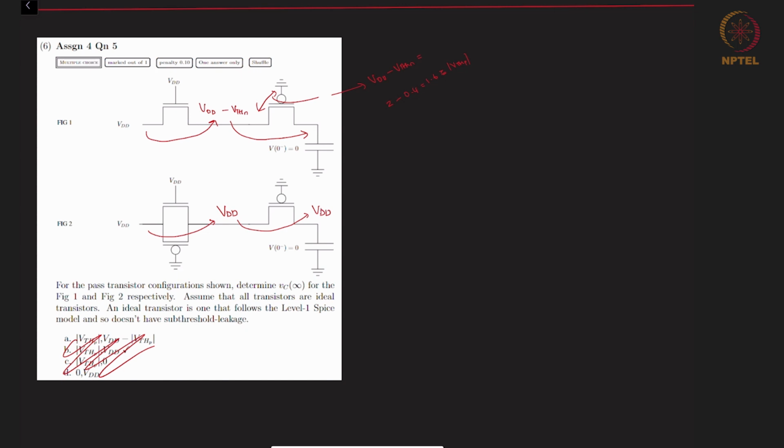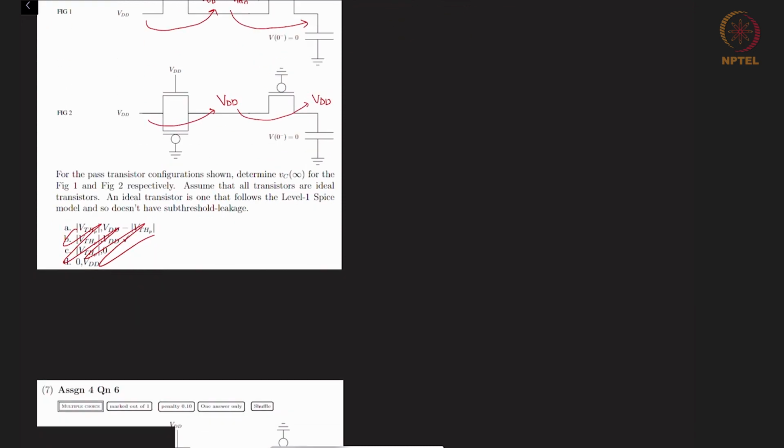Because VDD minus VTH is still greater than VTHP, the value of VDD minus VTH is passed along without any issues. Finally, you'll have VDD minus VTHN for figure 1 and VDD for figure 2.